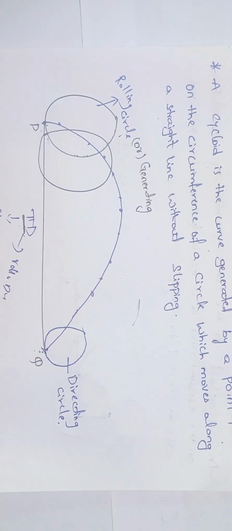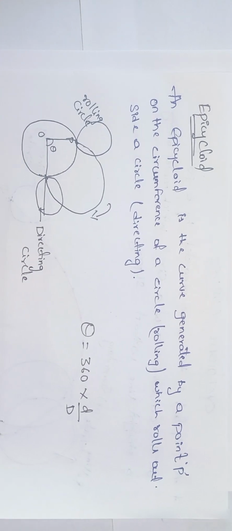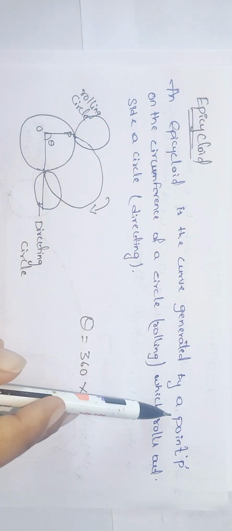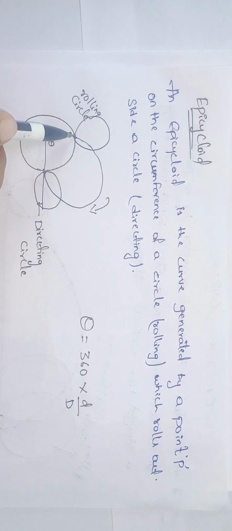Next, we consider the epicycloid. An epicycloid is a curve generated by a point P on the circumference of a rolling circle which rolls outside another circle.